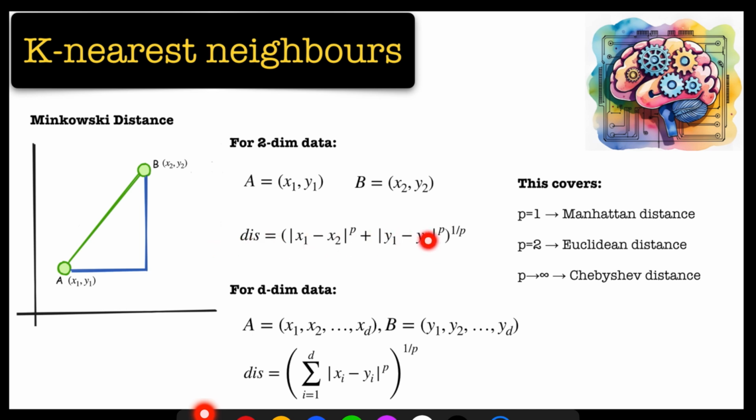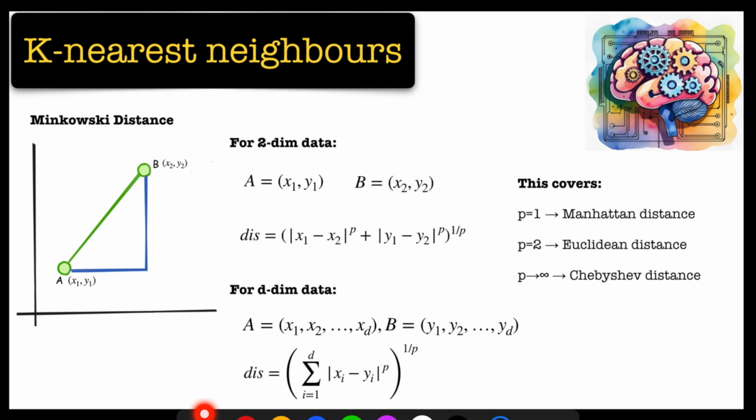This is the Minkowski distance. One interesting thing here is if p equals 1, then we get Manhattan distance. If p equals 2, we get the Euclidean distance. If p tends to infinity, then we get the Chebyshev distance.